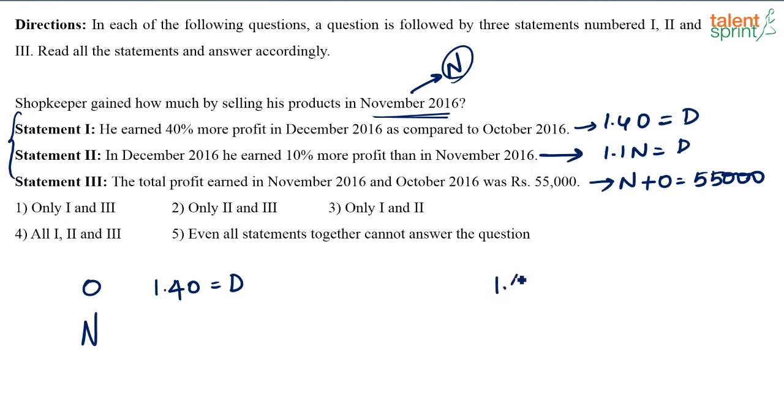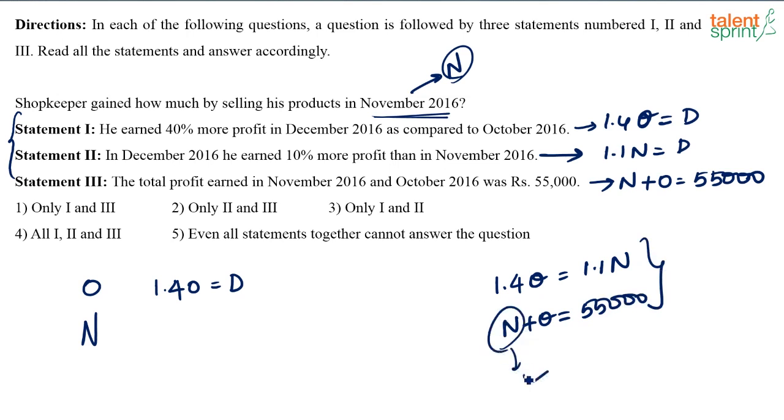I have 1.4 O is equal to 1.1 N, and I also have N plus O is equal to 55,000. So I have two equations and two unknowns here. If I solve this, won't I be able to find out the value of N? Yes, I will be able to find out the value of N.